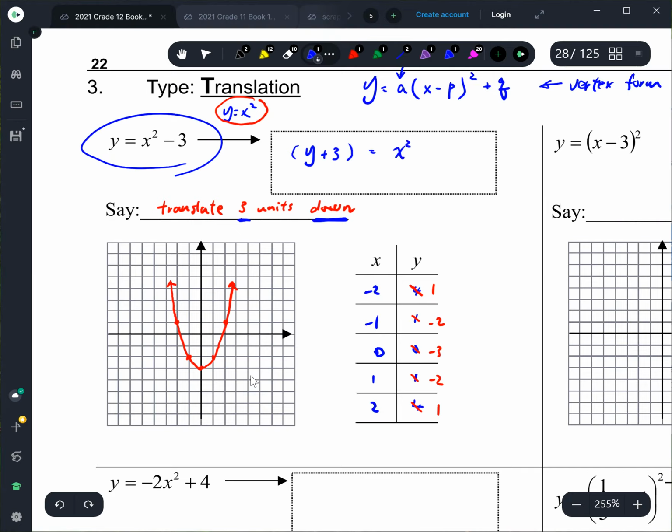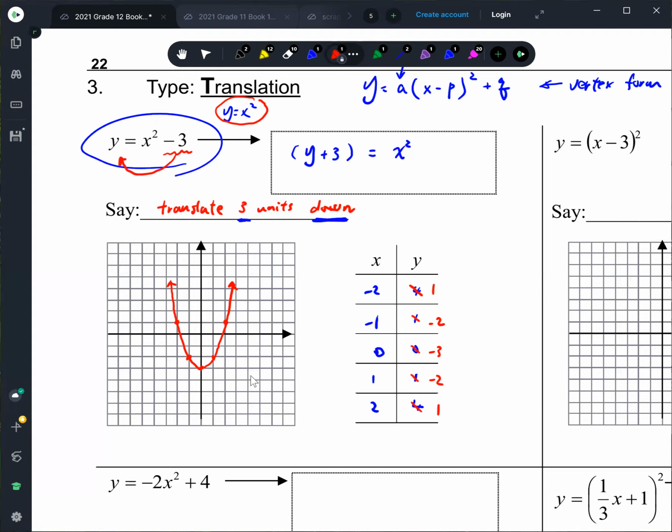We add 3 to the left. You move the -3 because this -3 is not inside the brackets with the x. So that -3 can be moved. Anything that's movable to the y side will affect the y. Because it affects the y, it's got to do with up and down.